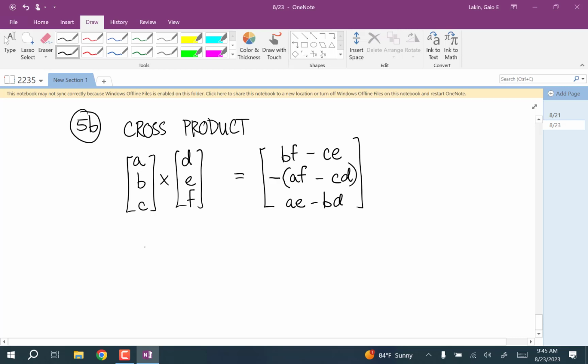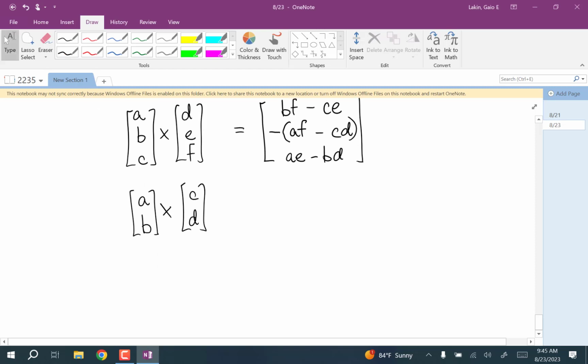What if you have the vector AB crossed with, let's call it CD? Okay. So first of all, remember this is AB0 crossed with CD0.